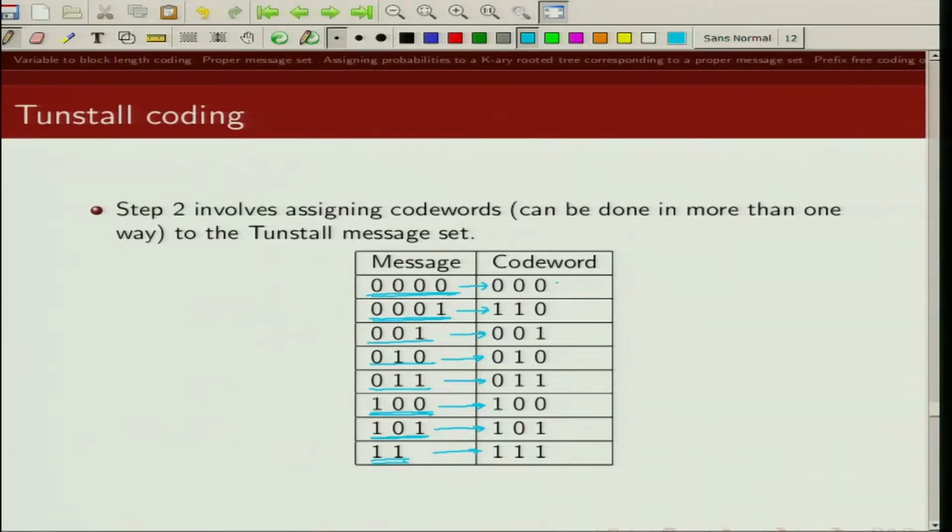So I just did it 0, 0, 0, 0, 0, 1, 0, 1, 0, 0, 1, 1, 1, 0, 0, 1, 0, 1, 1, 1, 0, 1, 1, 1. Essentially from 0, 0, 0 to 1, 1, 1, those 8 code words you can assign to any of these, in any order. I could have assigned them another way. You can do it any way you want. So this is how I am doing variable to block length coding.